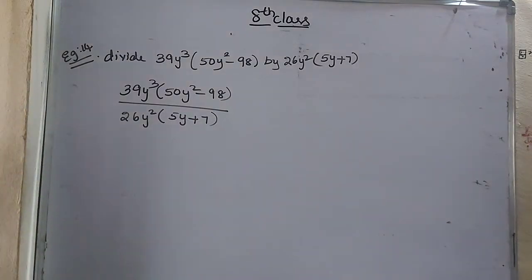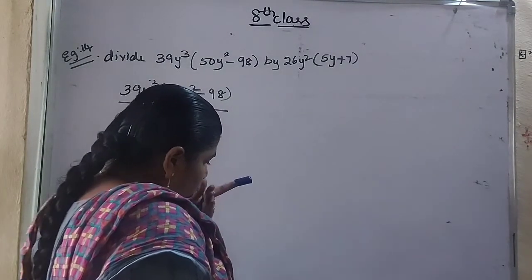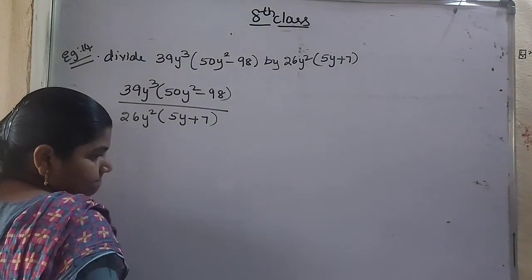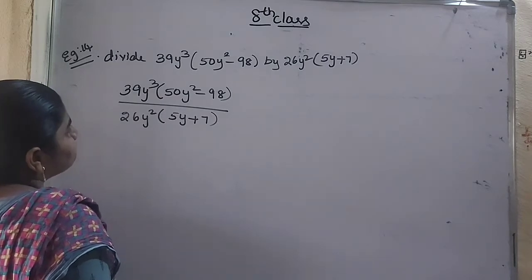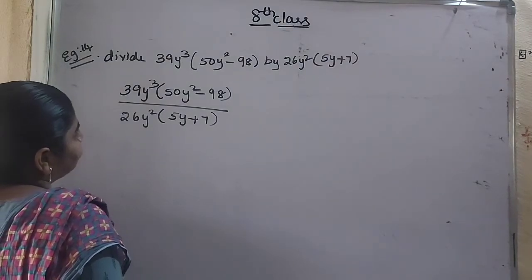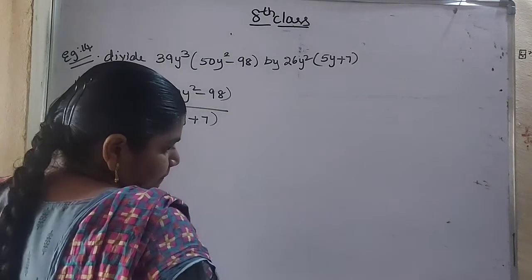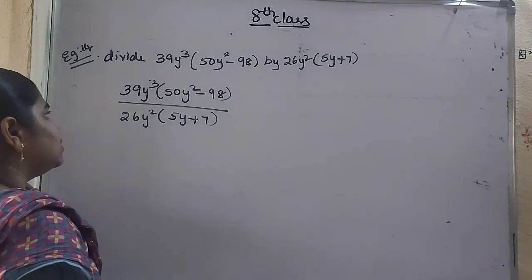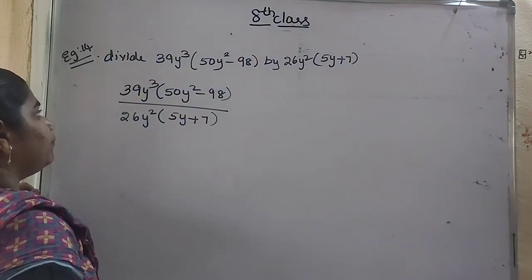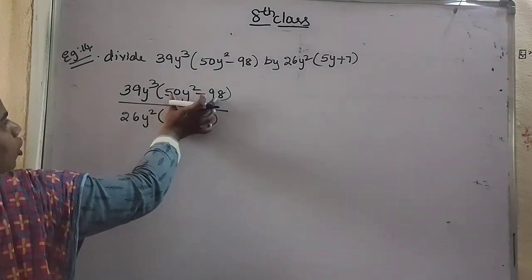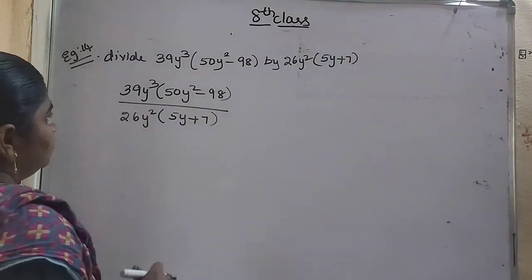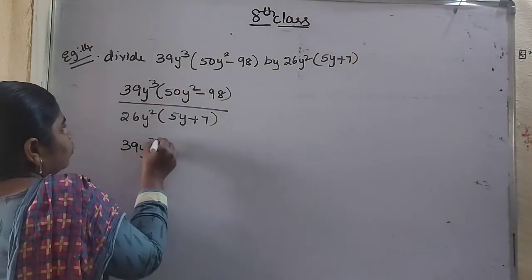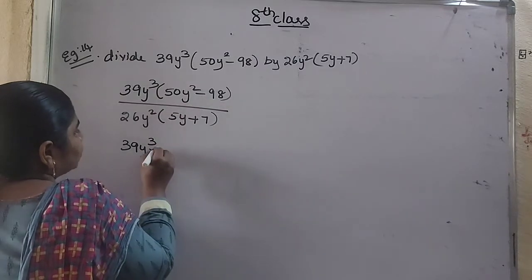So here, what we can take out as common is 2 from this. So 39y cube, here I am taking 2 as common.